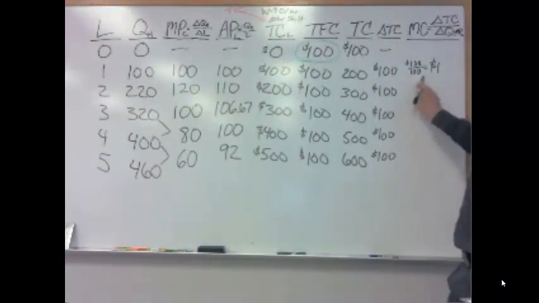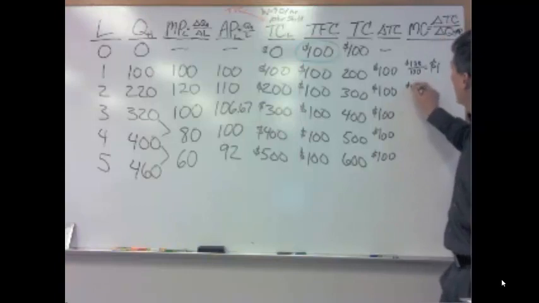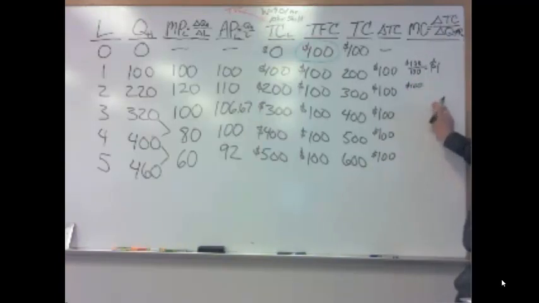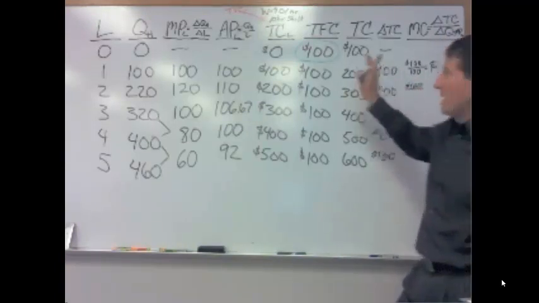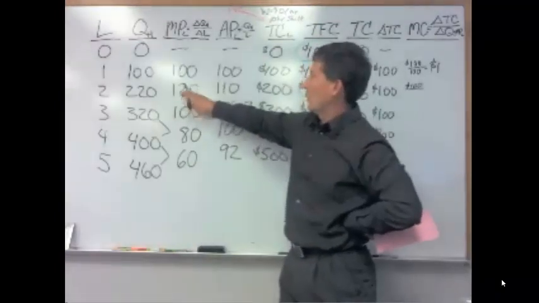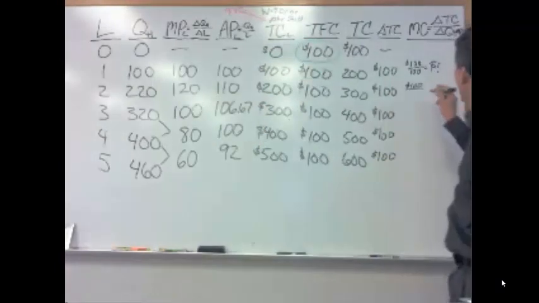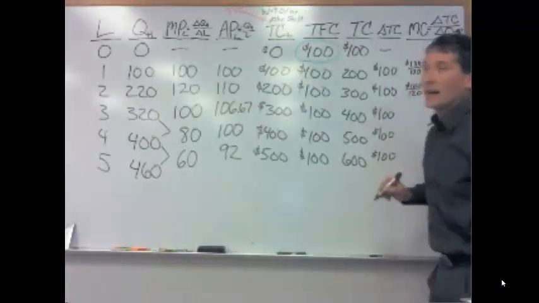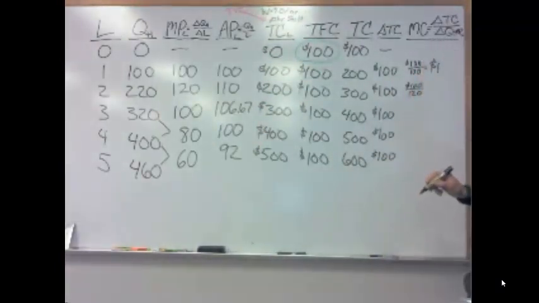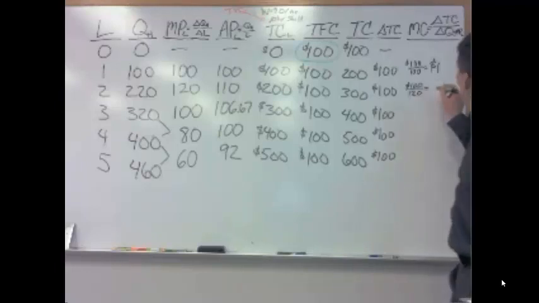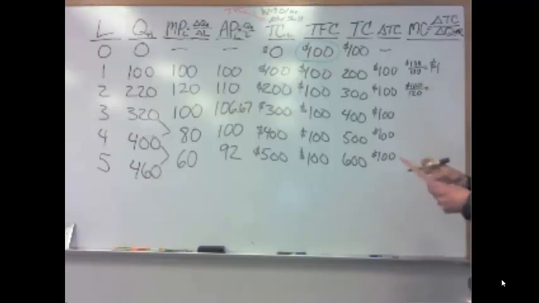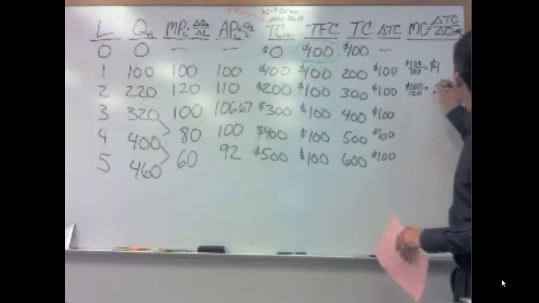What's my change in total cost? 100 divided by 120. Yep, not the total, but the change. That extra guy that I hired brought in 120 hamburgers. And so what we get here, 100 divided by 120, is 84 cents.